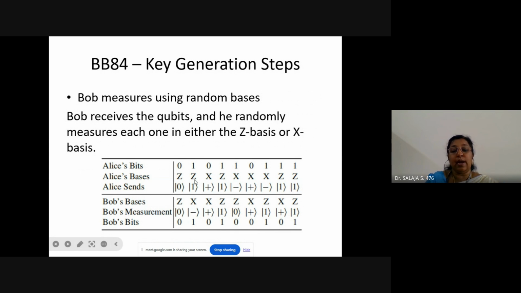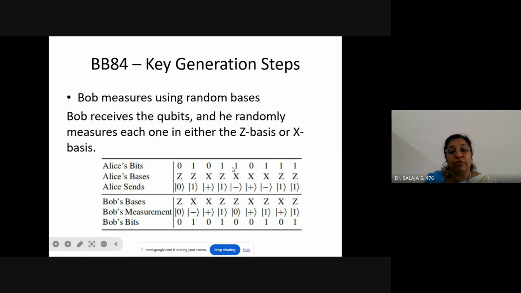Now, if you look at the first bit, Bob has selected Z on 0, which results in 1. And then here, Alice has chosen Z, and Bob has chosen X. The measurement applied is ket minus, and still they get the same answer, which is 1.